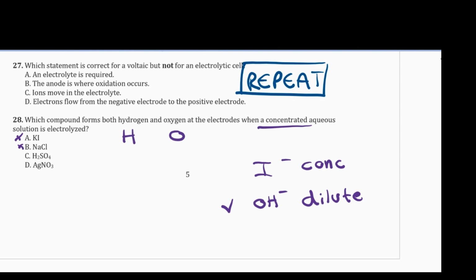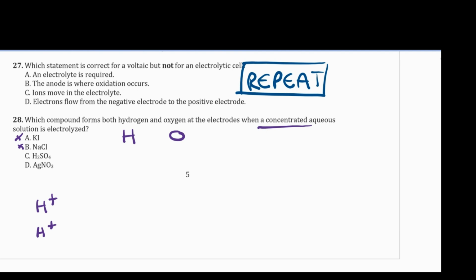With C and D, let's have a look. What ions do we have for C? We have H plus from the sulfuric acid, H plus from the water, SO4 2 minus from the sulfuric acid, and OH minus. So we'll have hydrogen and the sulfate will be eliminated. So yes, that gives us hydrogen and oxygen.